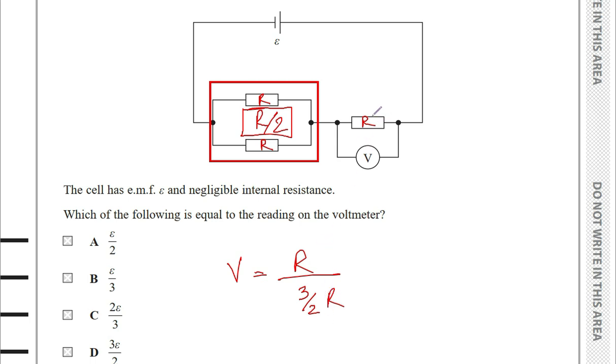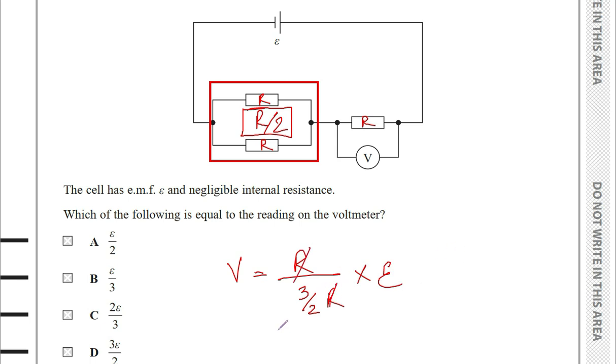So this is the percentage of the resistance that R has out of the total resistance, right? And we all know potential difference is shared according to the ratio of resistance, right? So in this ratio, the EMF will be shared.